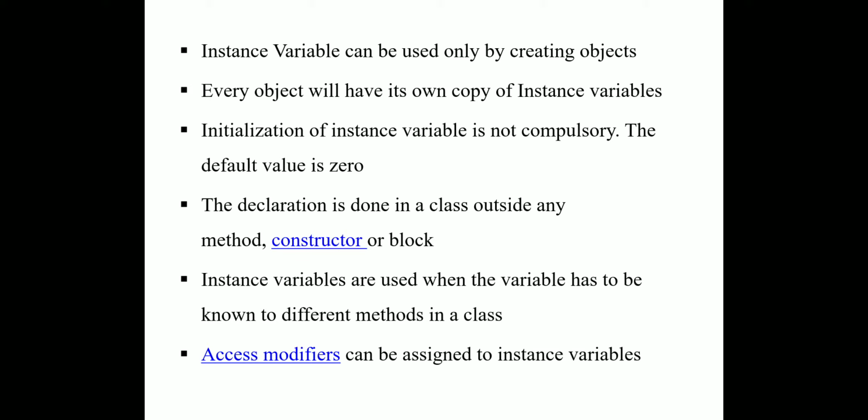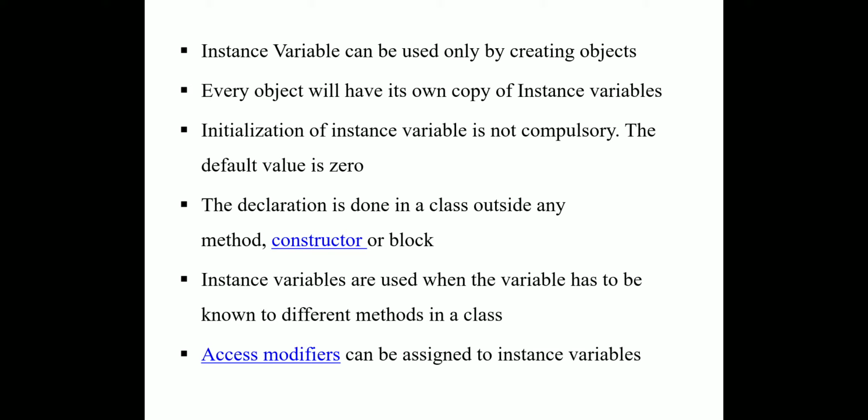These are the features of the instance variable. First, an instance variable can be used only by creating an object and will have its own copy of the instance variable. The default value is 0.